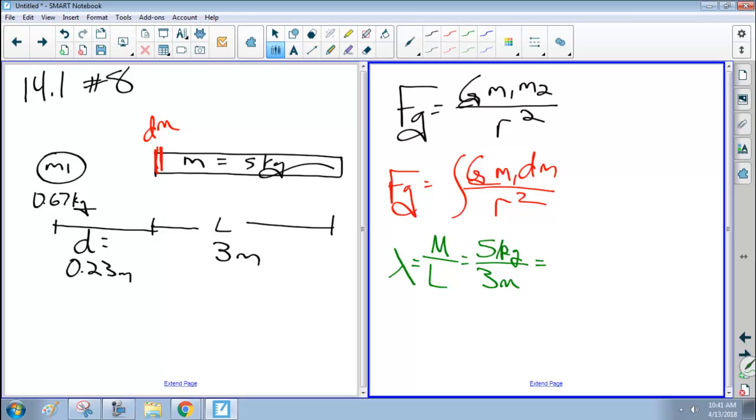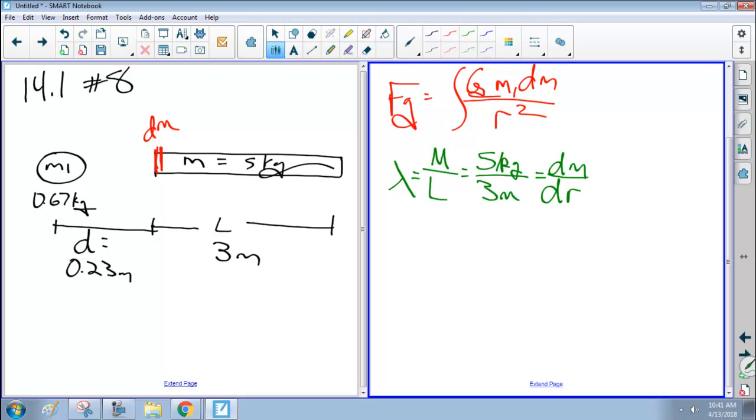Now the operative word in all of these problems is that it tells you it is a uniform rod, which means the density of any little chunk is the same. So this is also equal to the mass of that little chunk divided by the length of that little chunk. Follow?